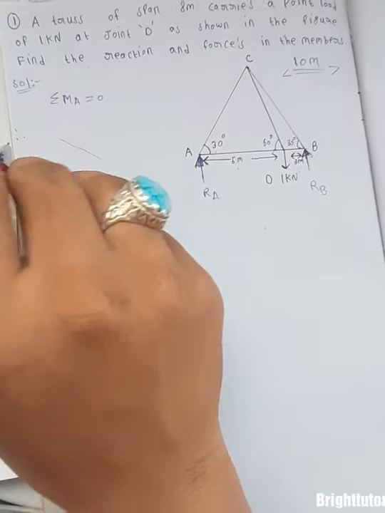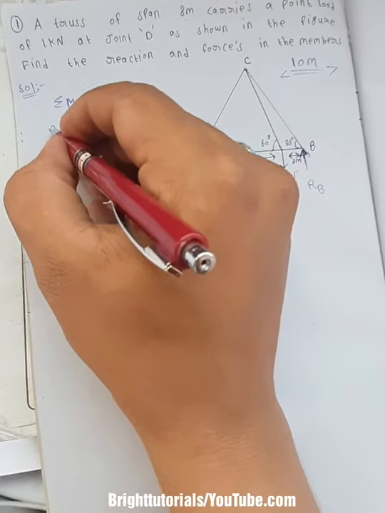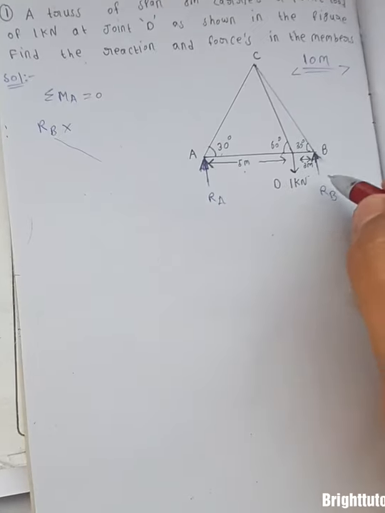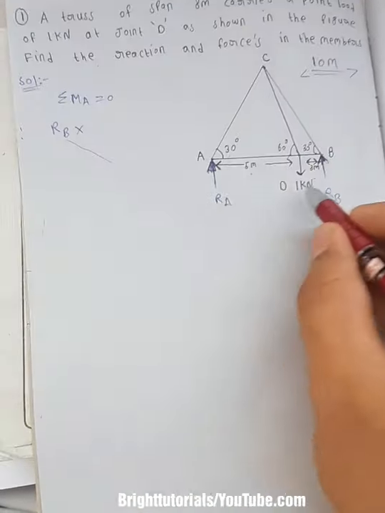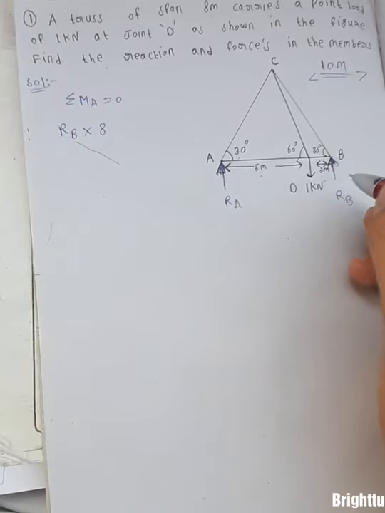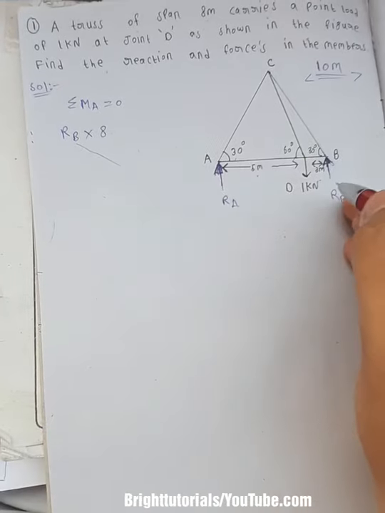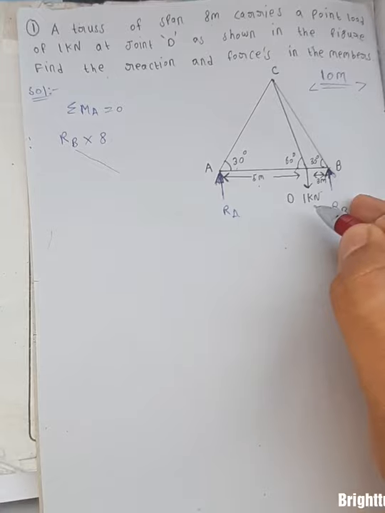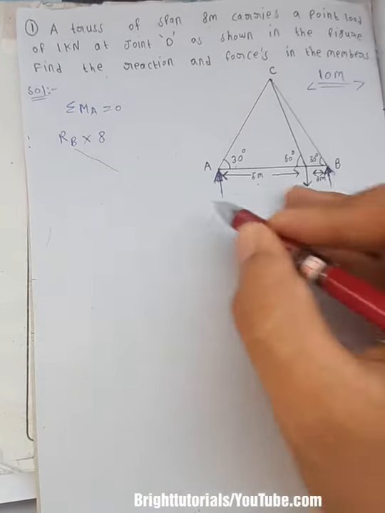So first of all, RB into 8, the total span 3 plus 5 into 8, then 1 kilonewton into 5.